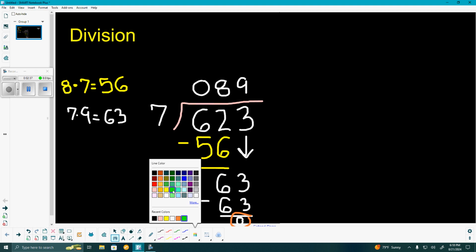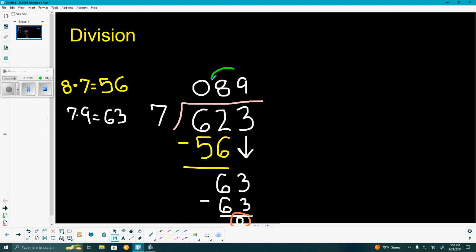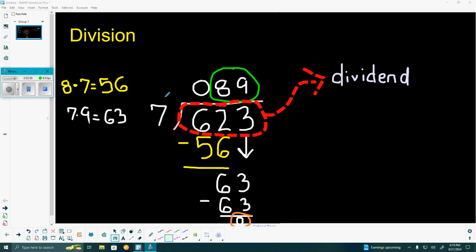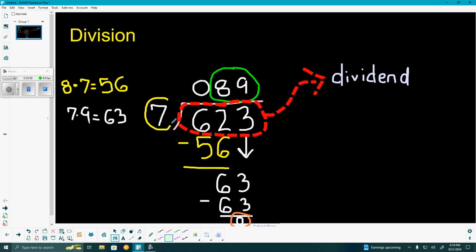Now I'm going to look at the top. This number up here at the top is our answer. There are a couple of different vocabulary words that I want us to understand. First of all, this number that is in the division house is called the dividend. This number right here that we are dividing by is our divisor.